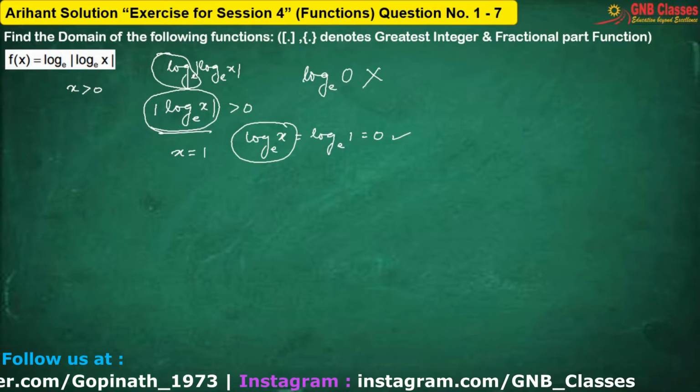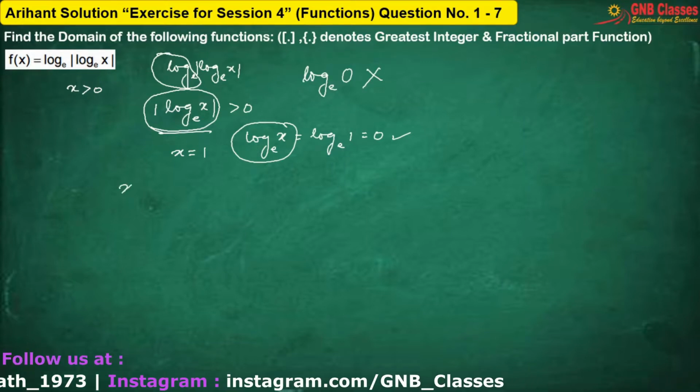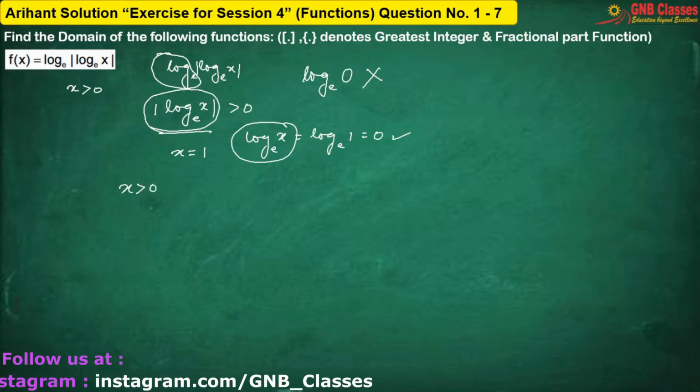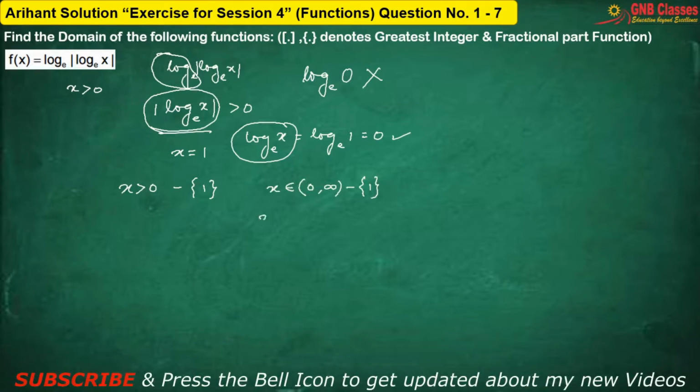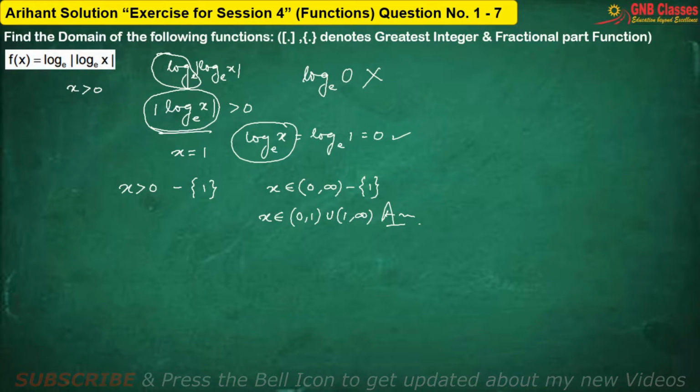Is it clear? Therefore, the required domain will be x is greater than 0 except 1. You can write it in this form also. Is it clear? Otherwise, you can write it in this form also. That's it. That's your domain for this function. Is it clear to all of you? Move to the next problem.